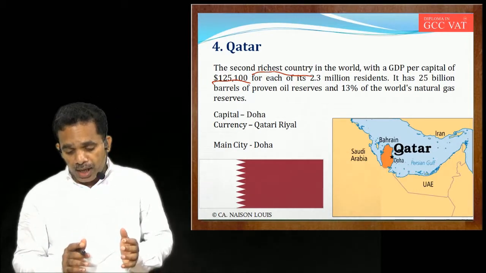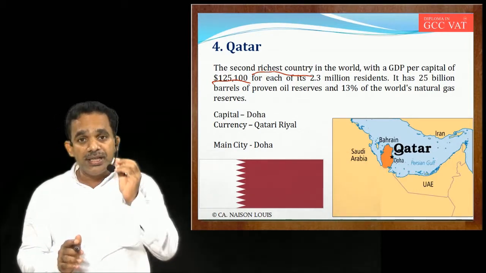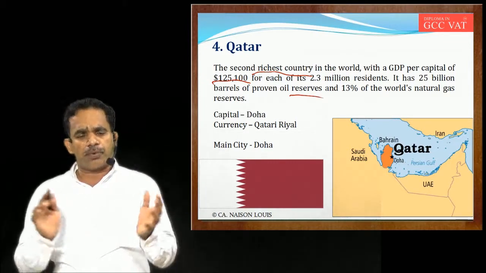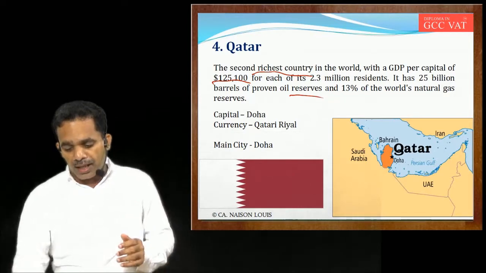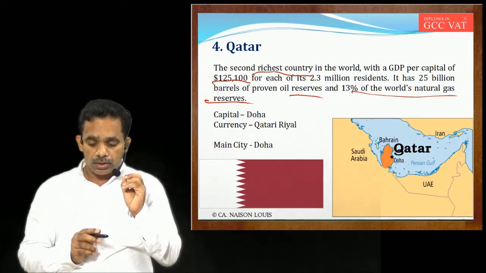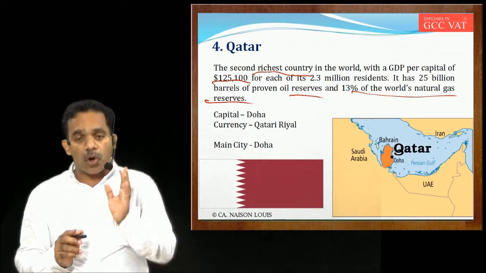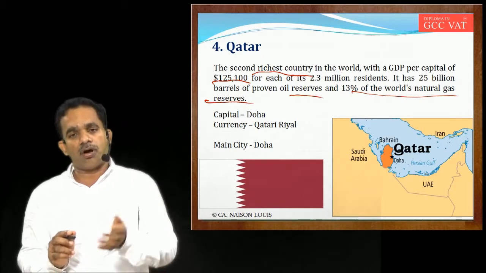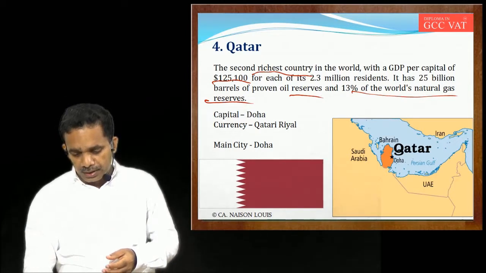And it has 25 billion barrels of proven oil reserves. So all these countries mainly depend upon oil reserves. It also holds 13% of the world's natural gas reserves. The capital is Doha, the currency is the Qatari Riyal, and the main city is Doha. So that was regarding Qatar.